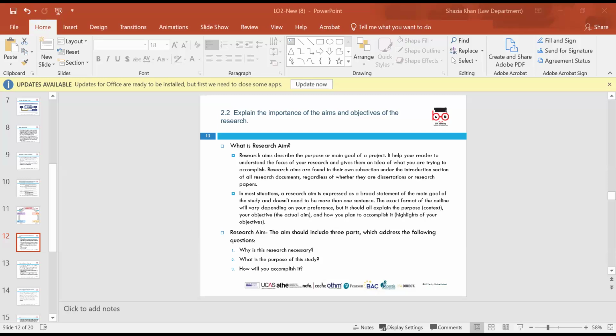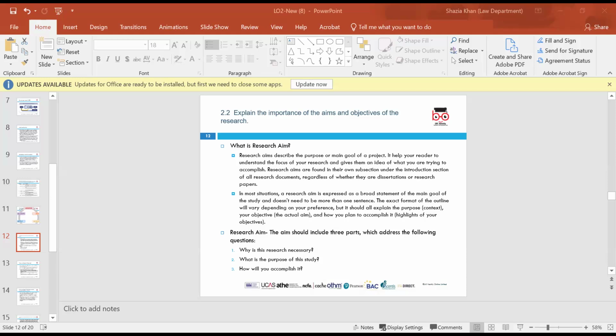The whole point of it is that it directs the reader. So it needs to be clear and focused, so the reader is able to understand what you're able to do. One of your research aims could be that you want to investigate the relationship between social media usage and academic performance. So it's an example.